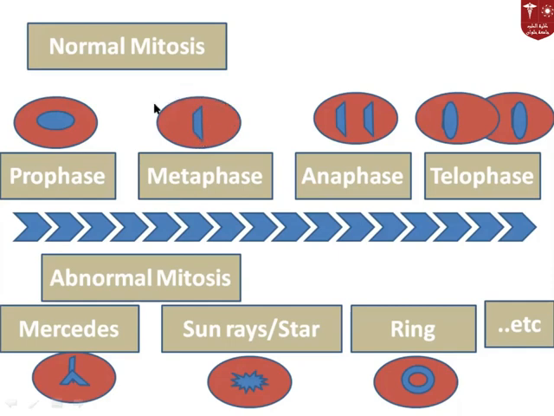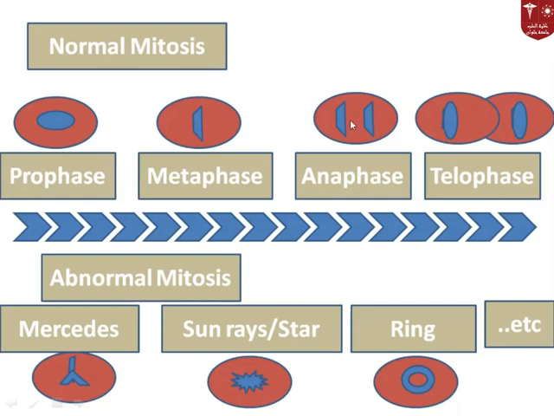Under the microscope, we see the cell with the chromatin like a stick in the center of the cell. Then there is the anaphase, in which the chromatin separates, because it will give two cells. And then the telophase, or the final phase, in which the original cell separates into two daughter cells.